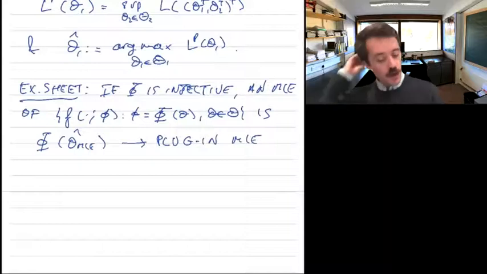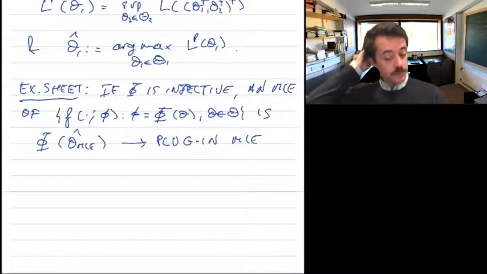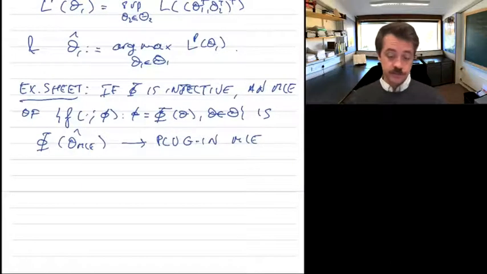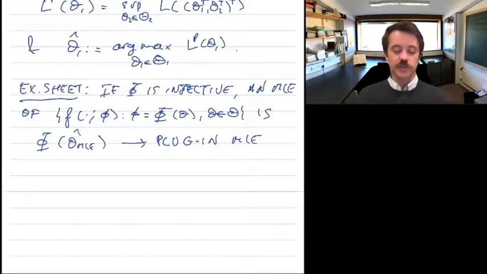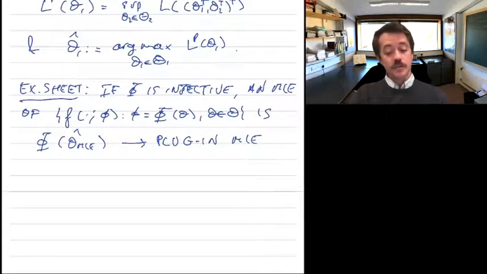Well, you don't need the injectivity to talk about the plugin MLE, but this is the idea of a plugin MLE. It's literally just plugging the MLE into the function, or the functional, that you're interested in. Okay, so that's a very simple idea. And so the question is, does this make sense?